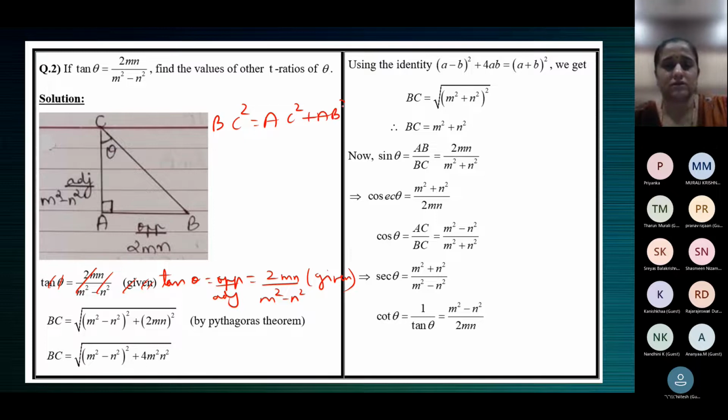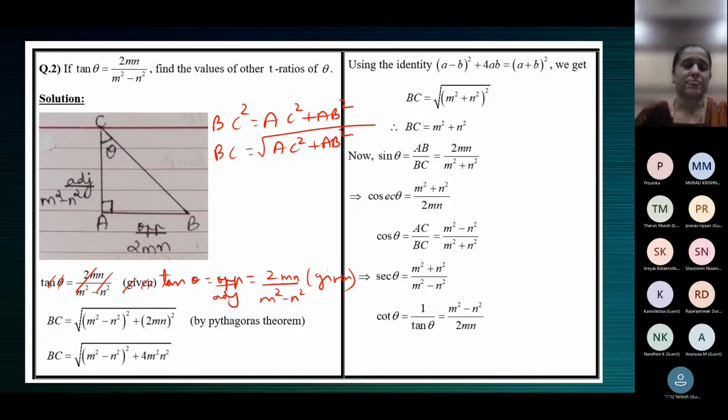So BC is equal to the square root of AC square plus AB square. I've written that straight away. What is AC? This one: m square minus n square, the whole square, plus AB, 2mn, the whole square. I've written this straight away.